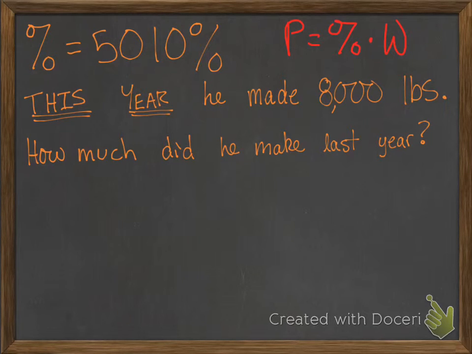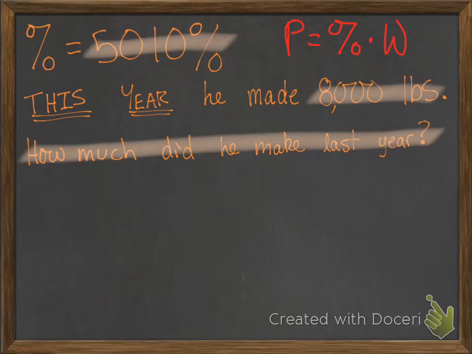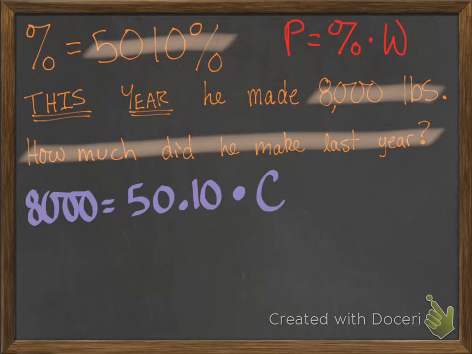This year, you made 8,000 pounds. So how much did you make last year? Well, I need to know my starting point in order to compare it to this year's. So this becomes, highlight my important information, 8,000, because I have 8,000 pounds, is equal to 510% times last year. And I'm going to represent last year with a C for corn, because I'm not creative. Well, we could say C is for creative then.